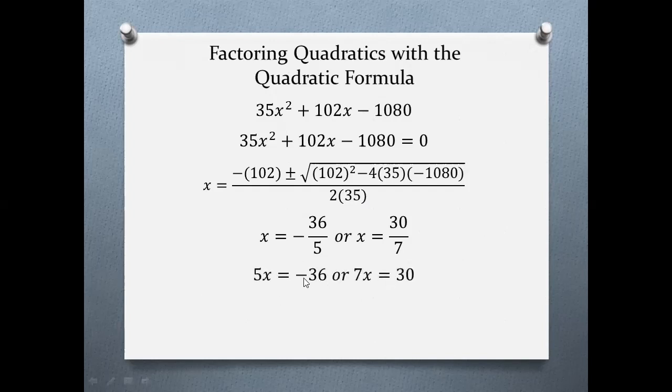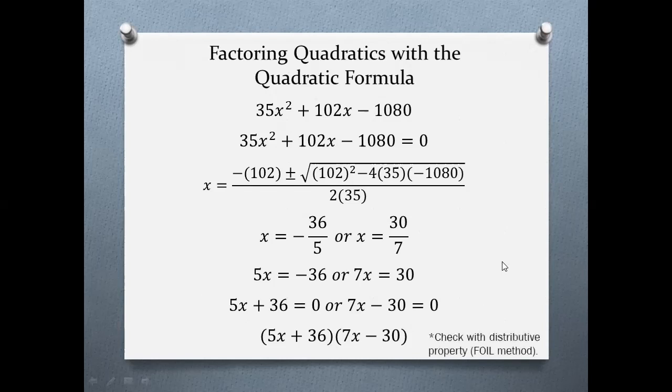And then we can, from there, set the equations to have 0 on one side. And then from here, we can put our expressions together to form the final factored expression. And of course, we can check this with the distributive property.